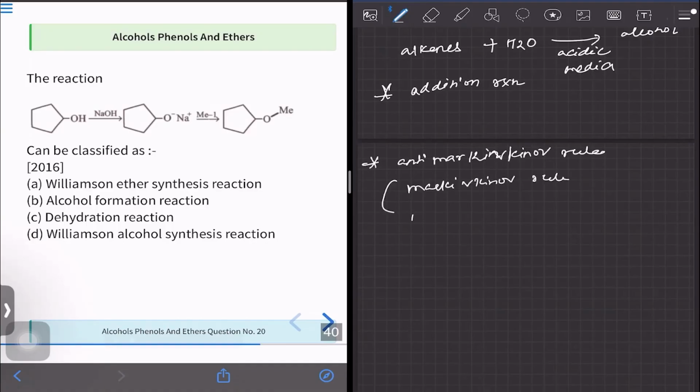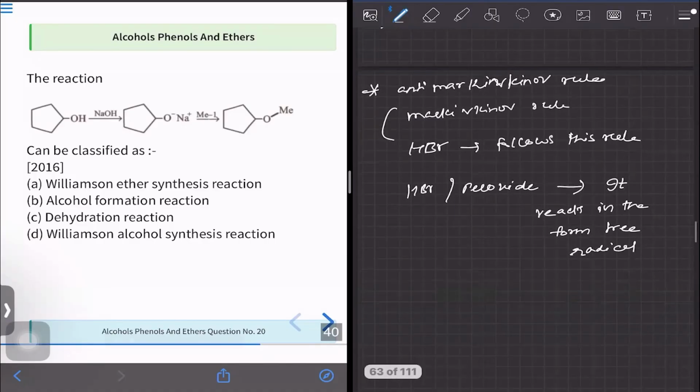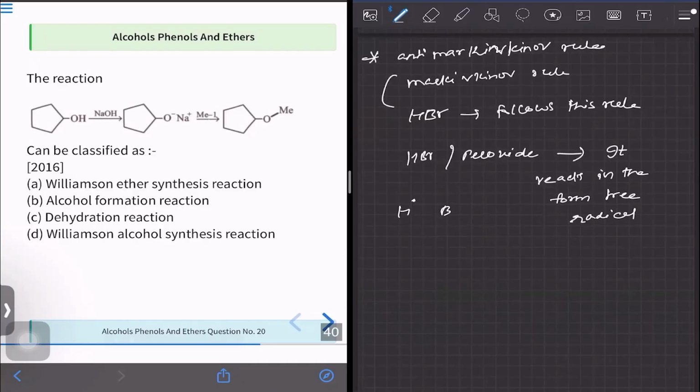In the anti-Markovnikov rule, only HBr follows this rule, because HBr in the presence of peroxide reacts in the form of free radicals. It produces a hydrogen free radical and a bromine free radical, and the bromine free radical reacts with the alkene.